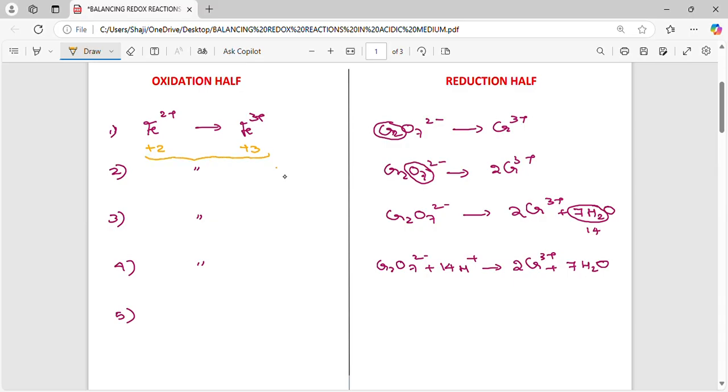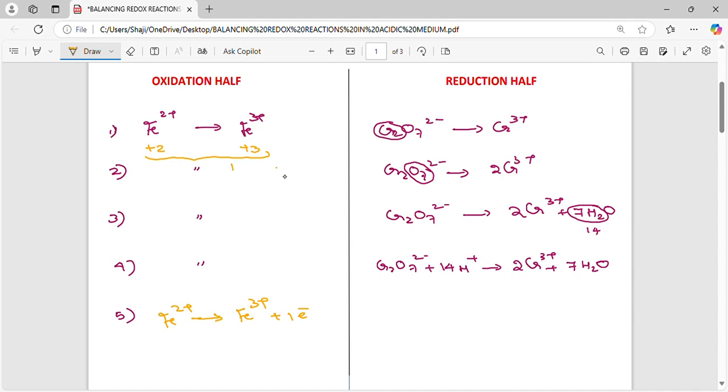We take the difference between these two charges, which is 1. It means 1 electron is to be added on the more positively charged side. So the answer becomes Fe2+ gives Fe3+ plus 1 electron.